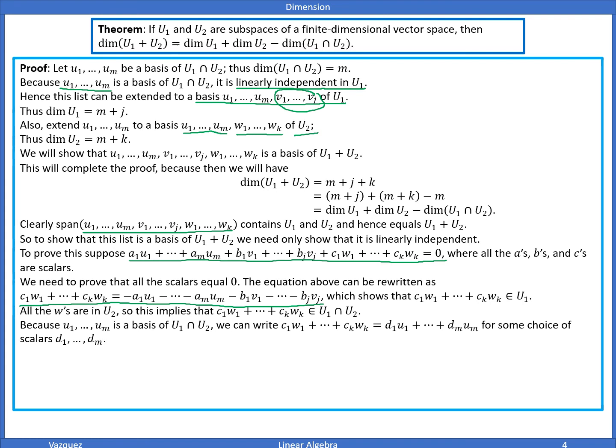So because U1 to UM is a basis of the intersection, we can write this linear combination equal to this linear combination for some choice of scalars D1 to Dn. Right, and that's because this is in the intersection, and as it says here, this was a basis, so we can get this equation down here.